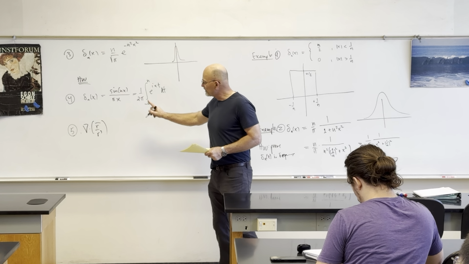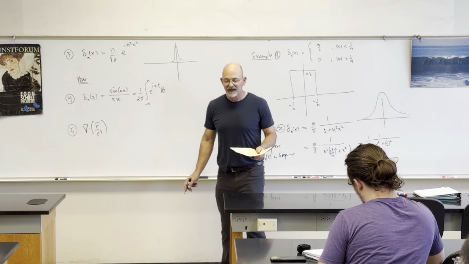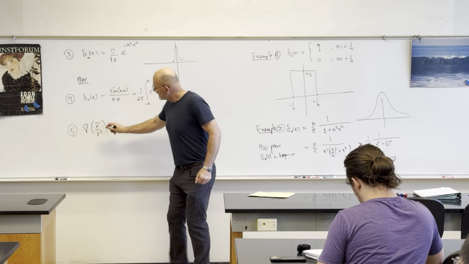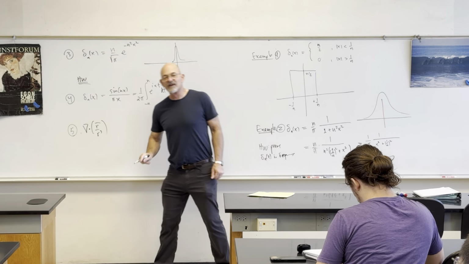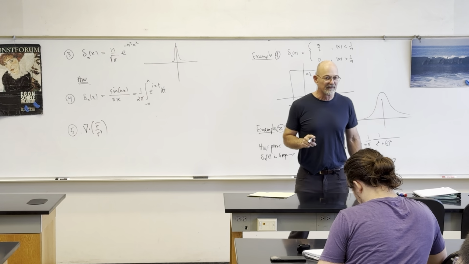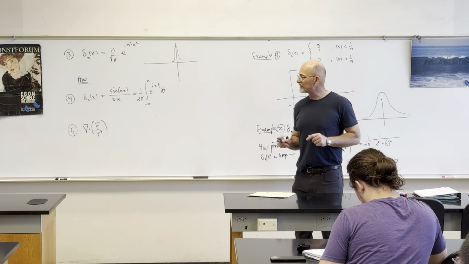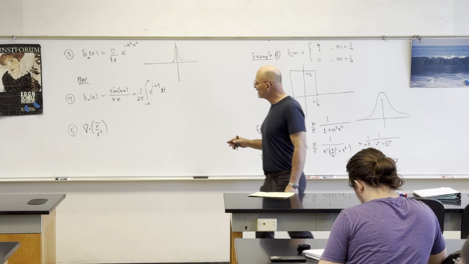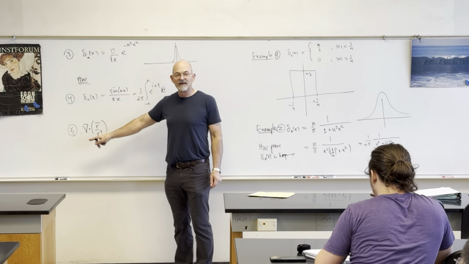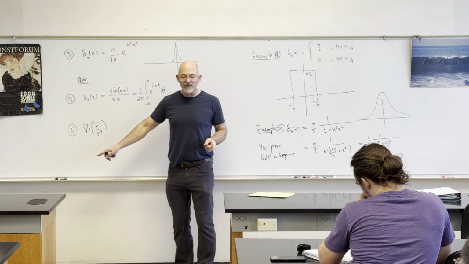Now this one I haven't put the normalization in yet, but remember we calculated this last time and we saw with Gauss's integral theorem that there was a delta function property. Because this thing was zero everywhere, but it wasn't zero at the origin.